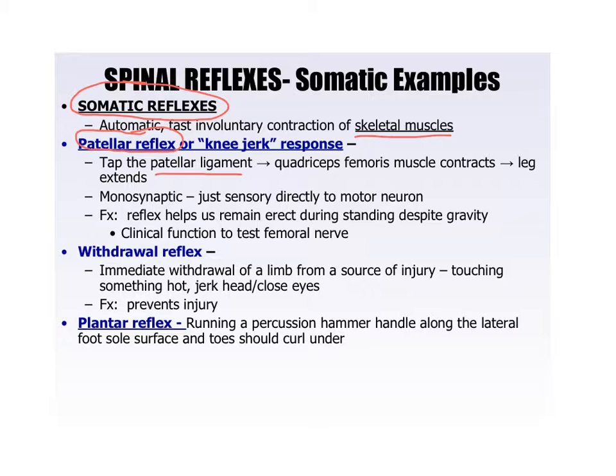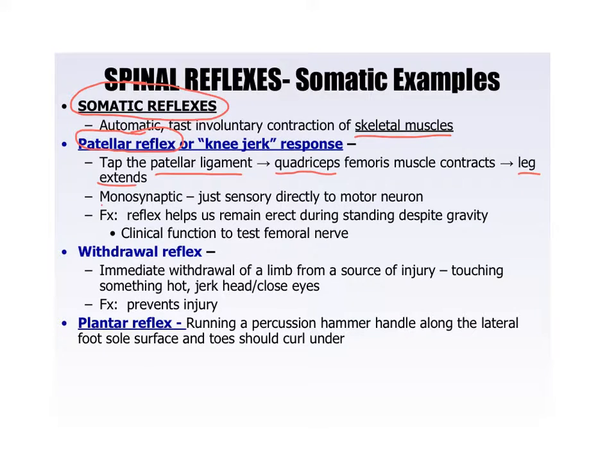This causes sensory receptors in the quadriceps, basically your thigh muscle, to notice that it is being stretched. So in response to that, without any input from your brain, your leg will extend, or you'll give a little easy kick to relieve that stretching of the quadriceps muscle.